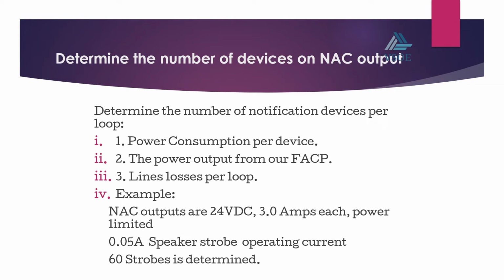Right, so the specific value of the notifiers is important to understand so that we can determine the number of notifiers on each circuit, right? And then we need to know the specification for the device, such as the voltage, the current, and the ampacity for the speakers and the strobes.